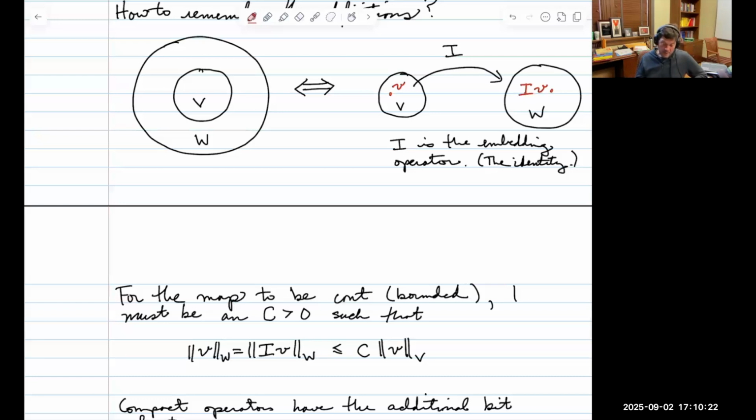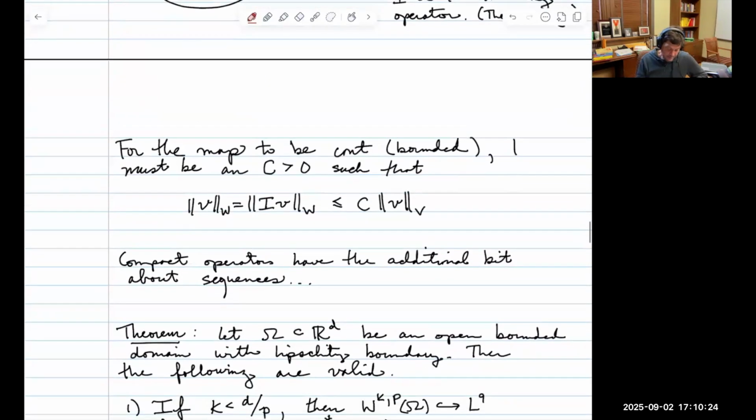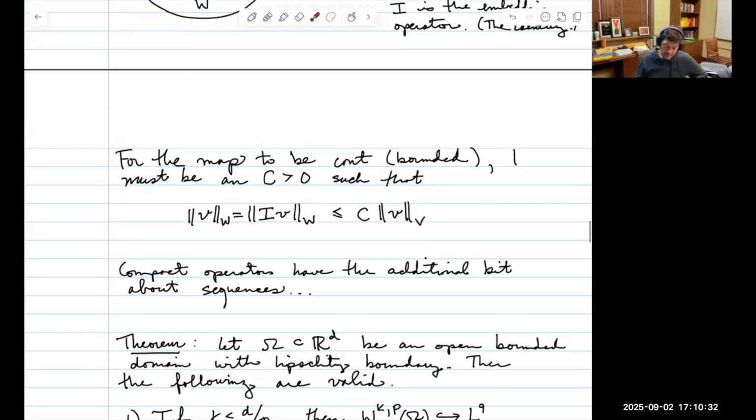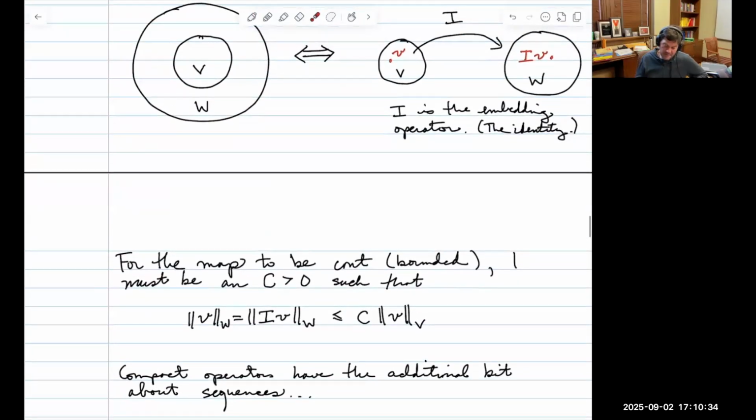So I of v is actually in W. That has to be less than a constant times the V norm of v. So that's what it means for the embedding operator to be a continuous operator.